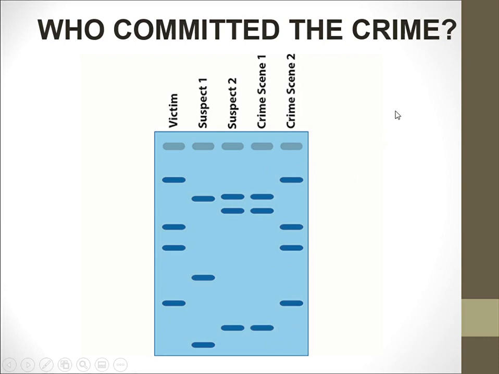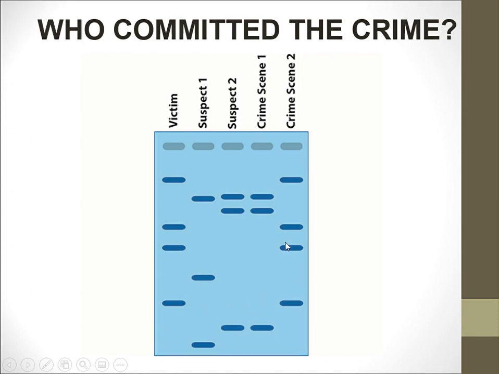So, have a quick look. In this, who is the one who potentially committed the crime? The person who most likely committed the crime is suspect 2. Let's look. I've got the victim and two crime scenes. Do we notice that the DNA from crime scene 2 matches only the victim?